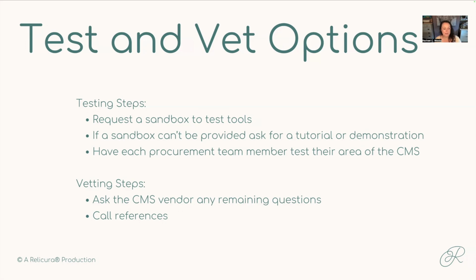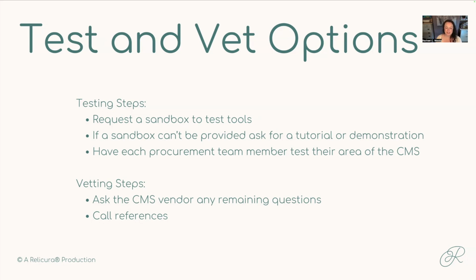I also recommend having each procurement team member test their area of the CMS, testing if you have a sandbox, or reviewing and asking questions if it has to be a demo, essentially giving each person agency and responsibility for their area to understand how well the CMS product works or doesn't for them.